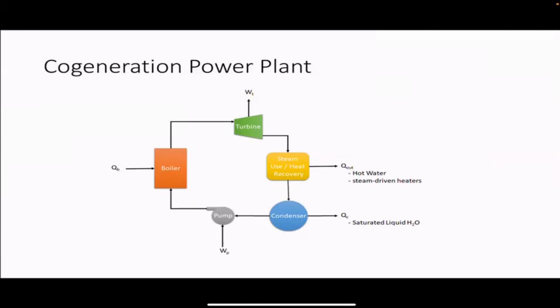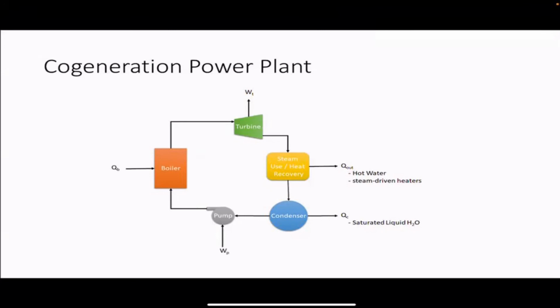And then that steam or hot water can then be pumped further on down in the process. Okay, so introducing this steam use or heat recovery, the gold box here, is one way to increase the overall effectiveness of the process. Okay, so that's one thing that's very commonly done.